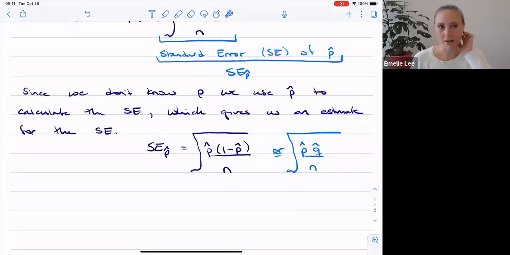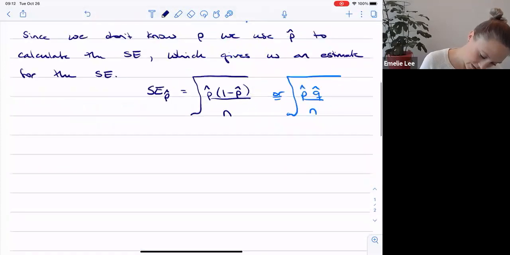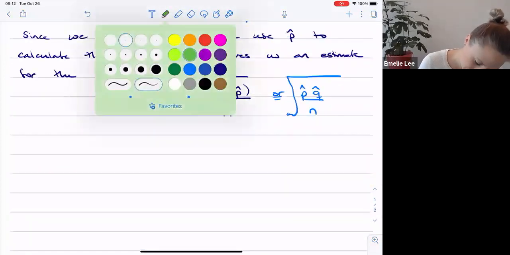Anyways, so we have this estimate for the spread. The standard error is just the spread of p hat.